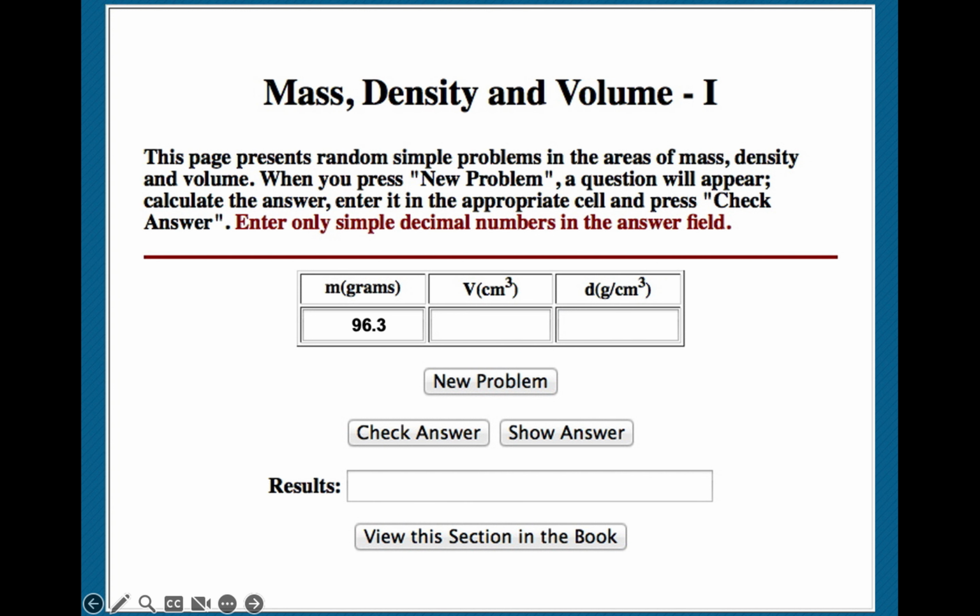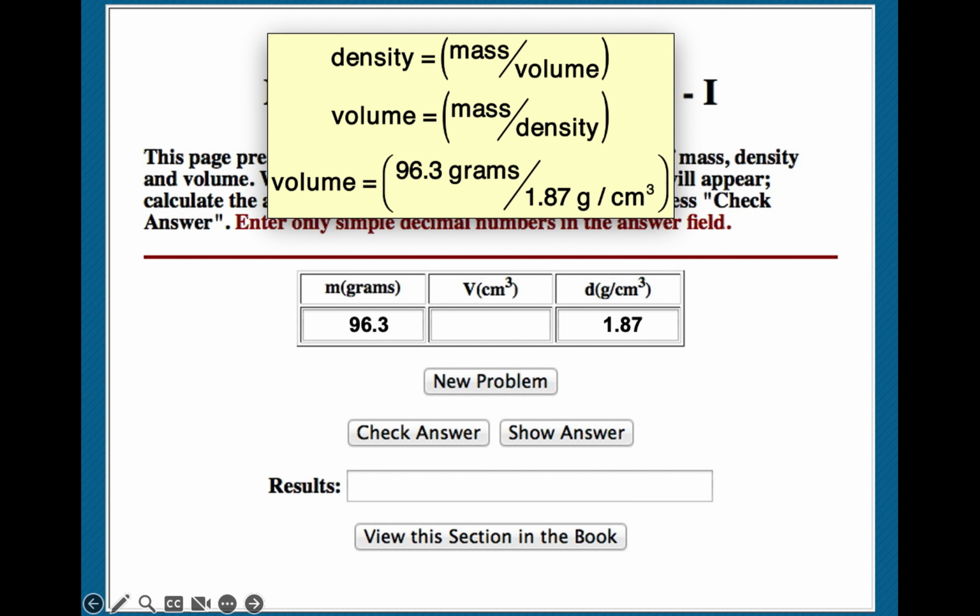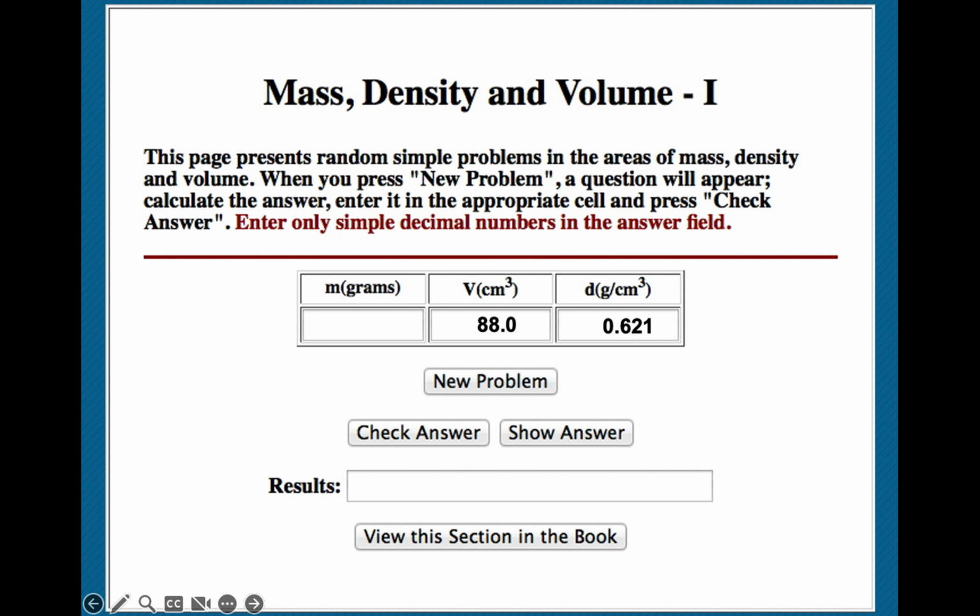Here the volume is missing, but we have mass and density. Density is mass divided by volume, so volume is mass divided by density. Simple algebra. Substitute in 96 divided by 1.87, 51. Here we're missing mass.